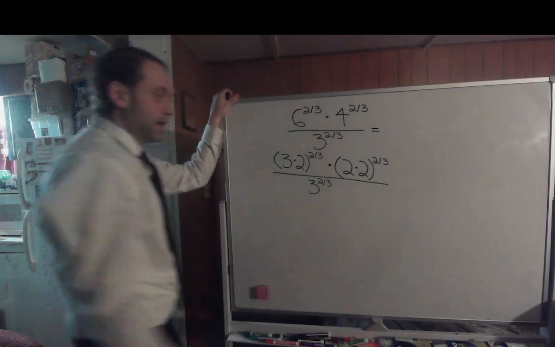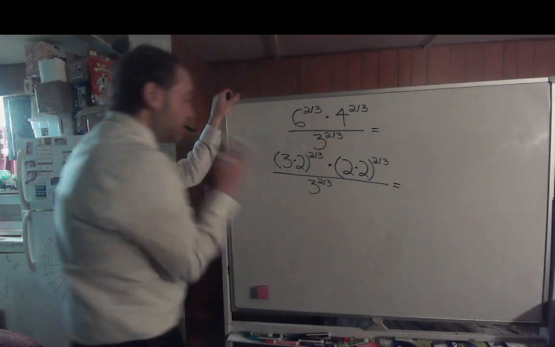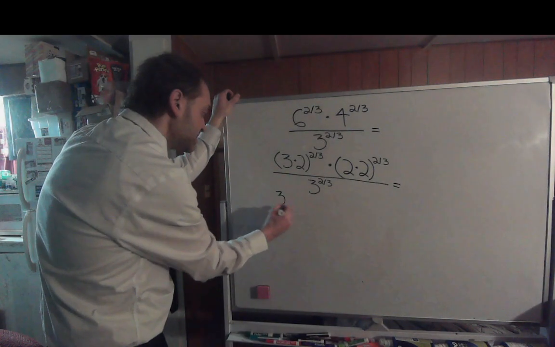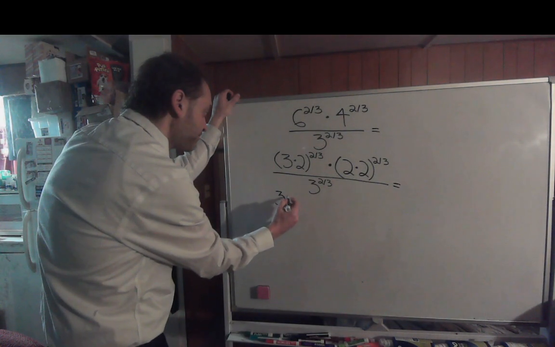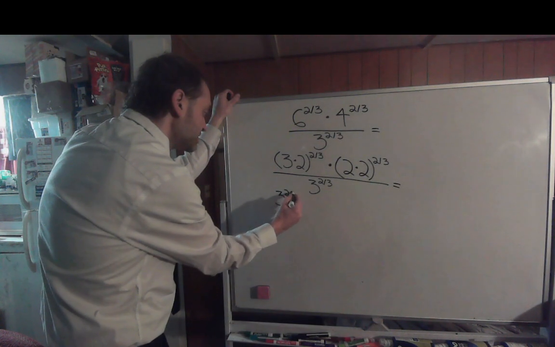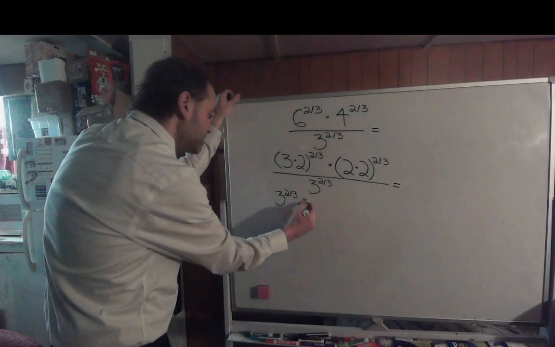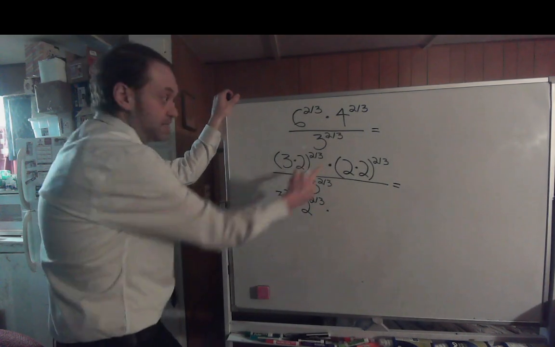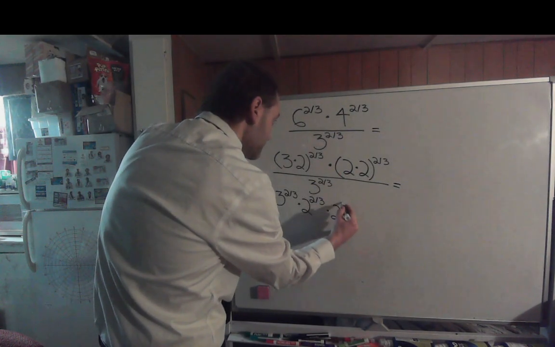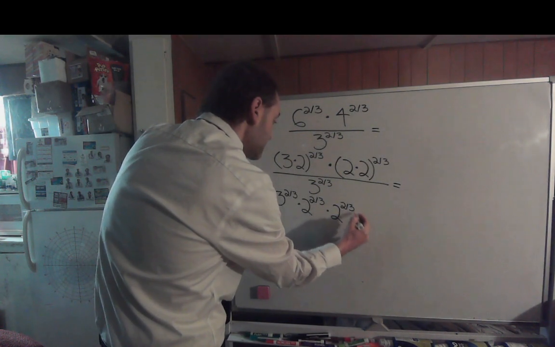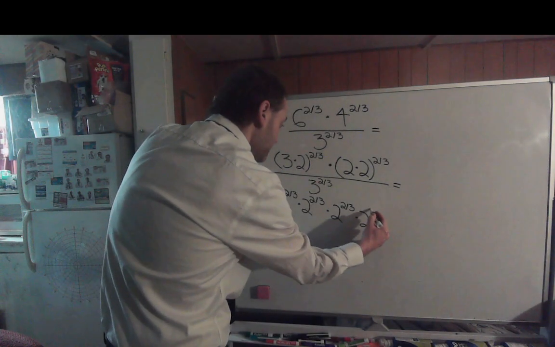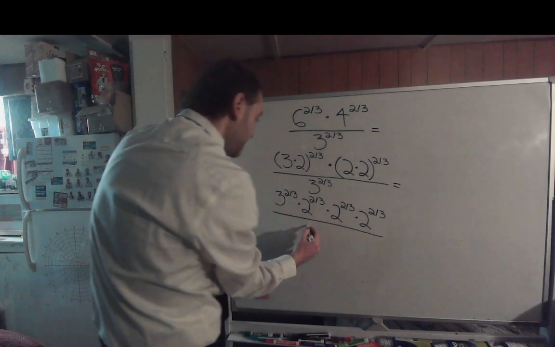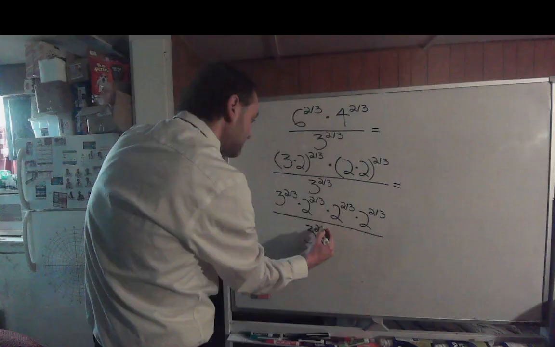So there's where we're at now. Well, that 3 times 2 to the 2/3 is literally going to be the same as 3 to the 2/3 times 2 to the 2/3, and then times another 2 to the 2/3 times 2 to the 2/3, all over 3 to the 2/3.